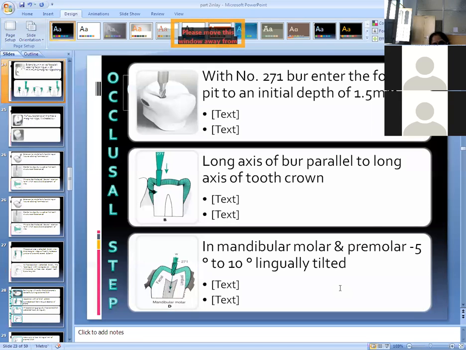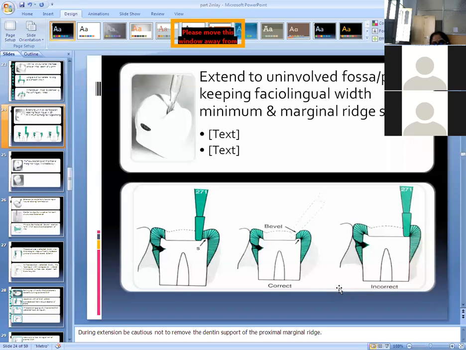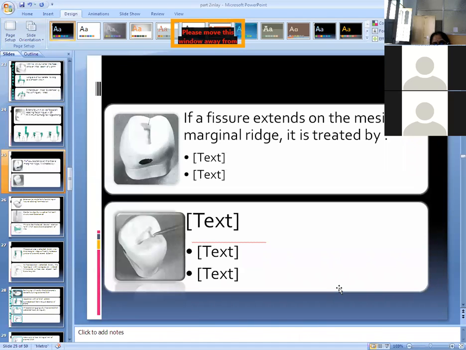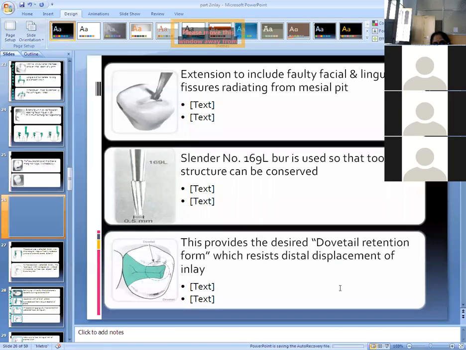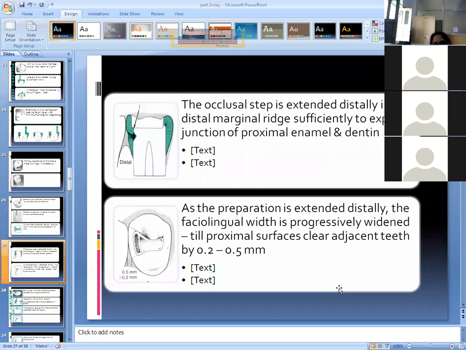So whatever the cavities you are making, that will be perpendicular to the long axis of the tooth. Then you are extending the cavity, including the marginal ridges, involving all the facial and lingual features, and at the place of the dovetail, retention form, that is very important for the resistance and retention form.